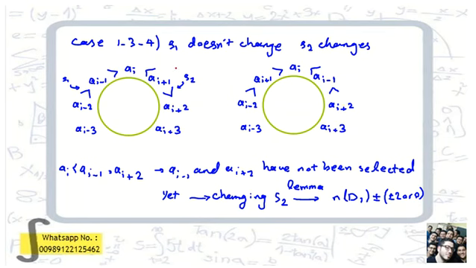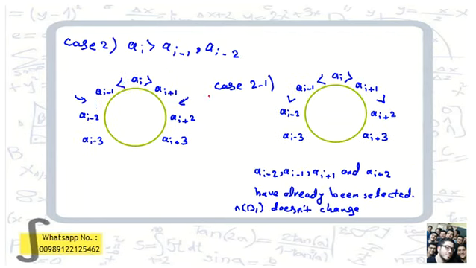The only sign that has changed was S2, so we want to consider these two elements, a_{i-1} and a_{i+2}. Both of them are greater than a_i, so both of them have not been selected yet. So by changing S2, by the lemma that we proved, n(d1) would change by 2 or 0. So again, we proved that the parity of n(d1) wouldn't change.